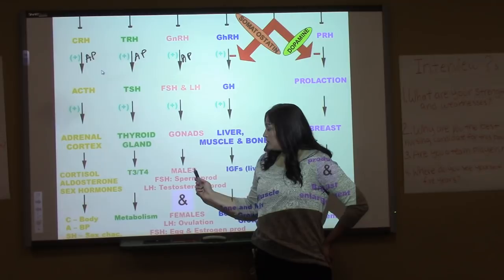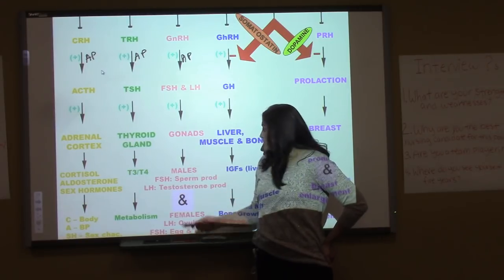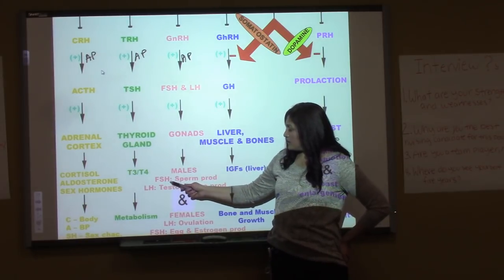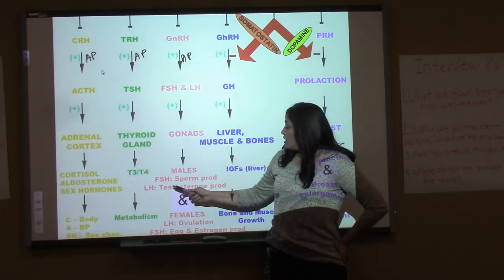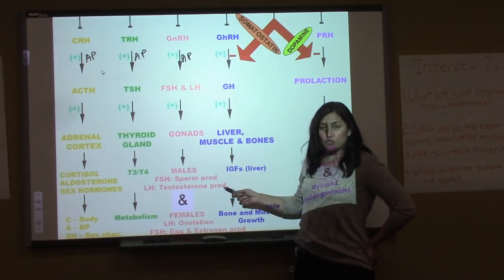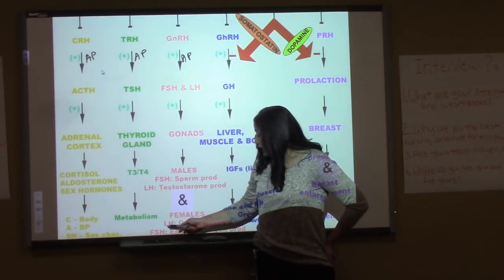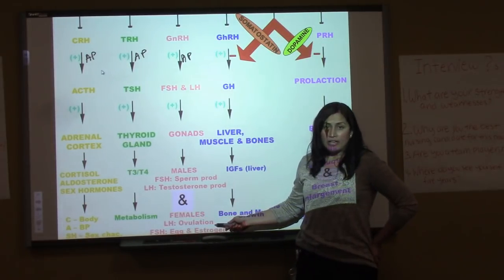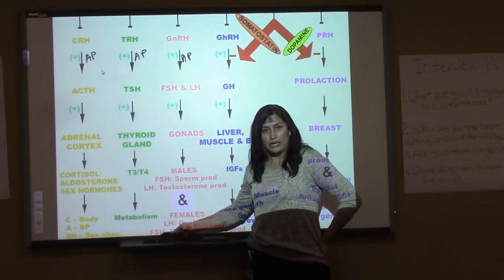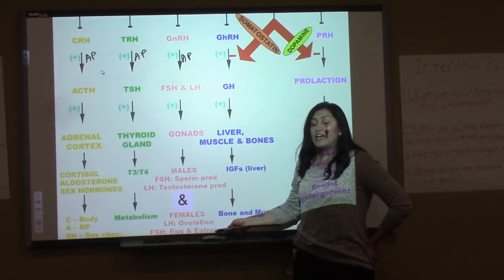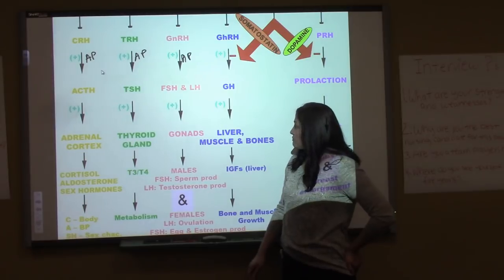So let's look at their functions in males. FSH in males causes sperm production. LH in males causes testosterone production. Let's look at the function in females. LH in females causes ovulation, while FSH in females causes egg and estrogen to be produced.